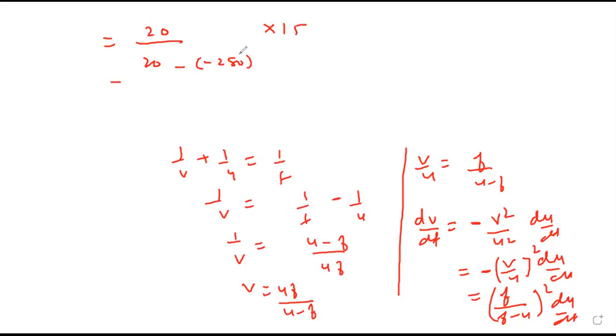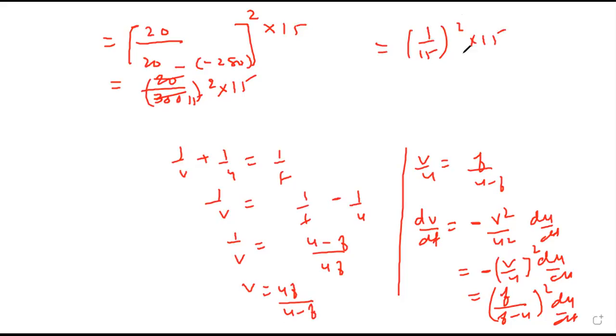So 20 upon 300 square into 15. 1 upon 15 square is 225, into 15. Or you can write 15 into 15, and this 15 will get cancelled. 1 upon 15 is the required answer.